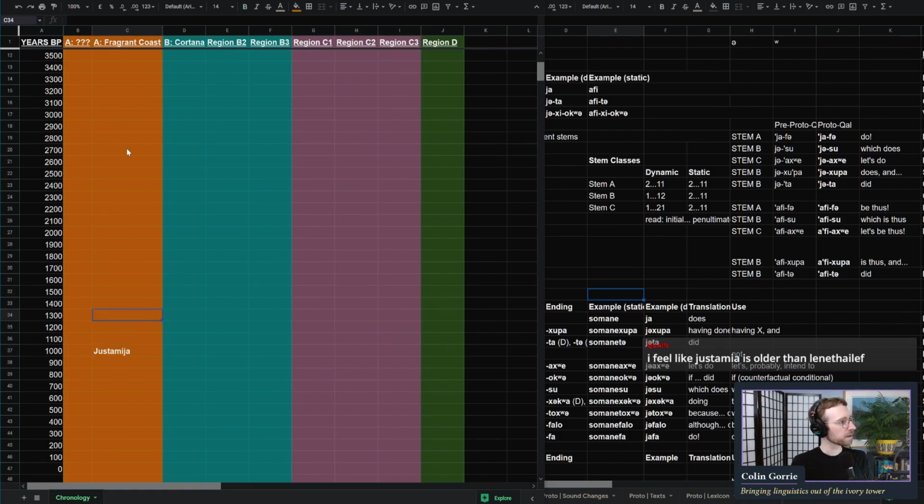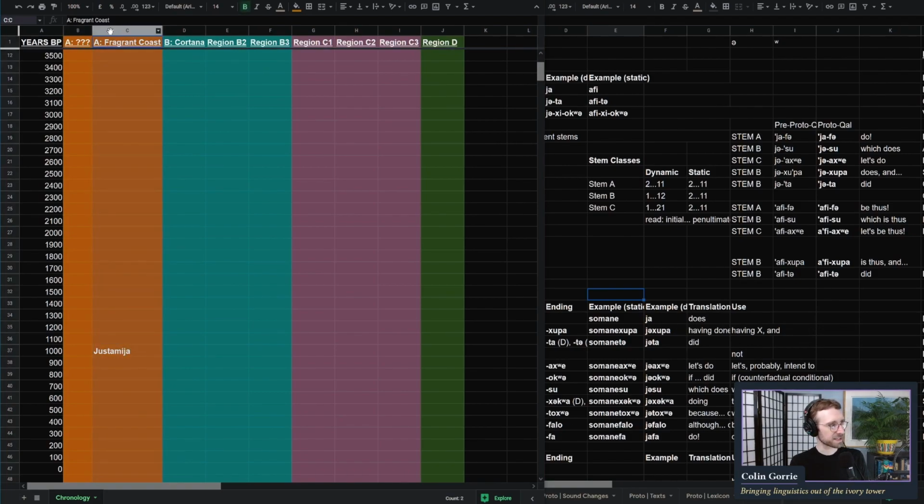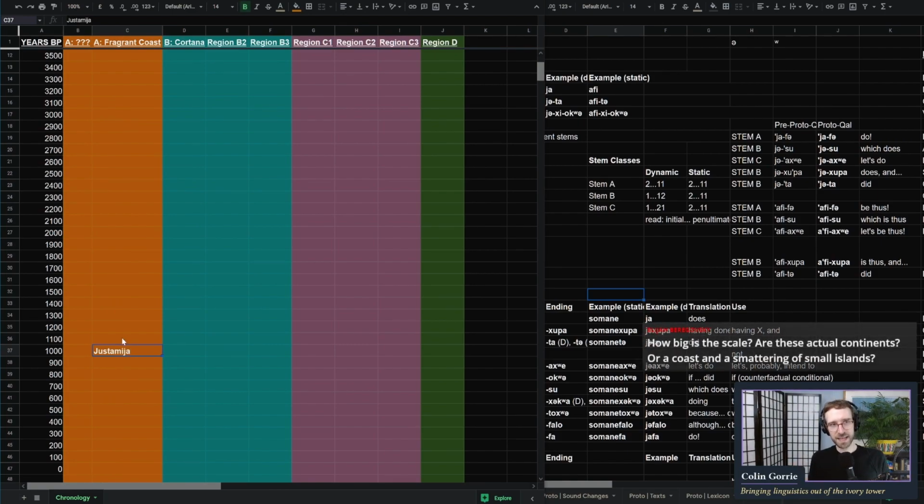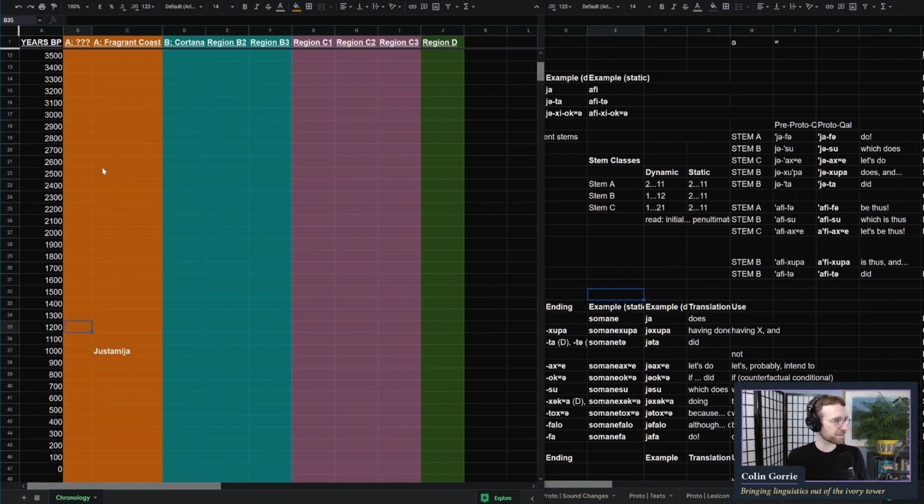All right. So we also have Lenadilef. And of course, we don't know anything else about this A continent other than Eustamia is in it. Now, given that the call languages are kind of related, it makes sense that they would be spoken on the same continent unless something has happened, some sort of migration. So we could put Lenadilef in this mysterious region here, and we could make it contemporary or maybe slightly later than Eustamia.